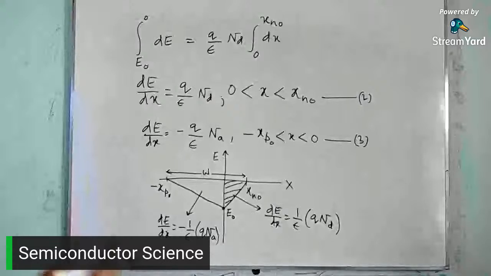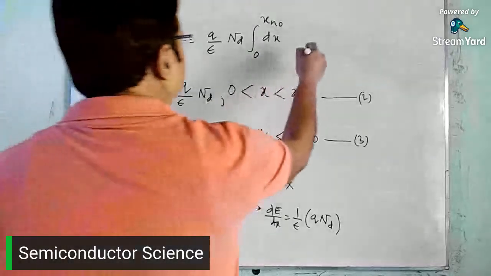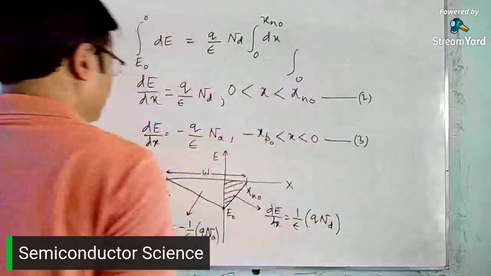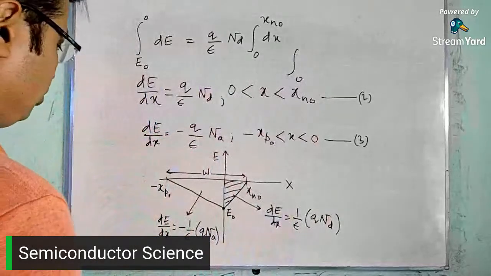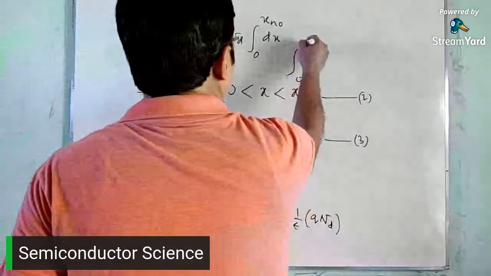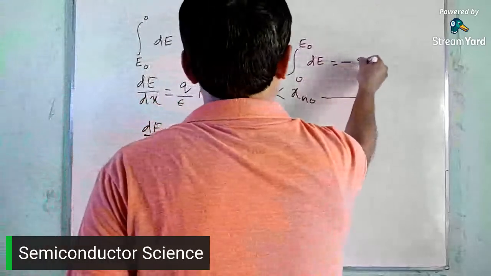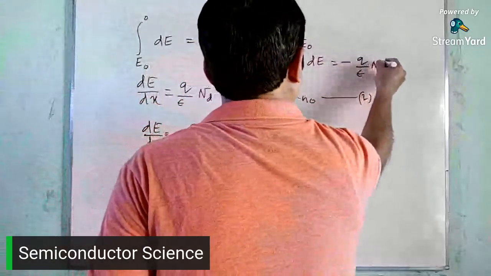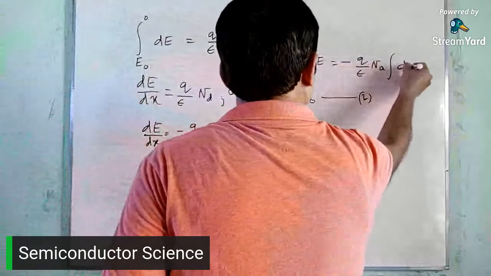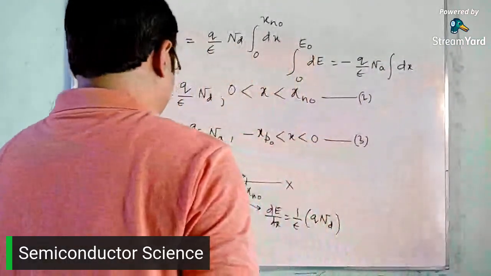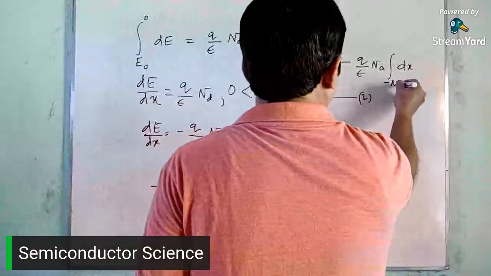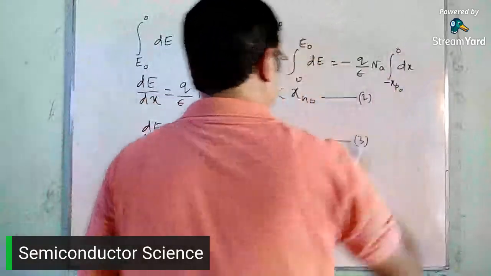Again for the p-type side, integrating equation 3 with proper limits, we write the integral of dE from 0 to E0 equals minus q by epsilon Na times the integral of dx from minus xp0 to 0.